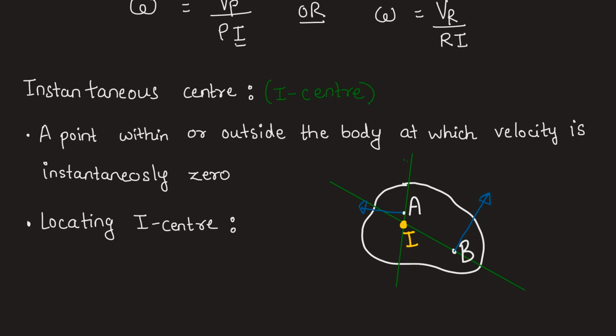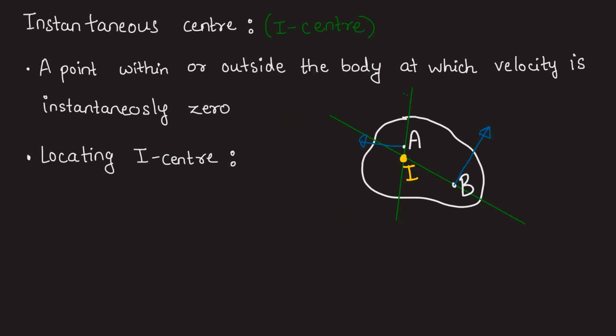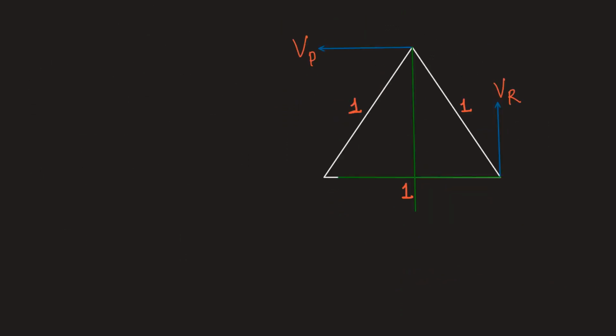In this particular problem, we will find the location of the instantaneous center. So this is the triangular body that is given, and points P and R have their velocities directed as shown. Now we have drawn these perpendiculars to the velocity vectors, and we see that these perpendiculars meet at this point, which we call I, the instantaneous center.